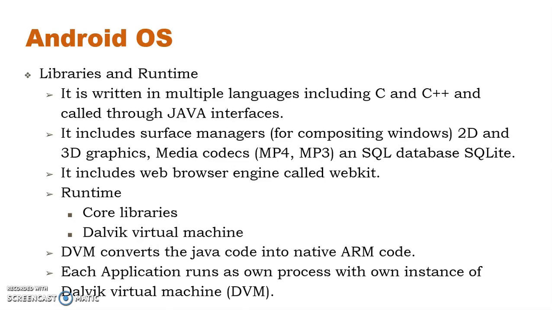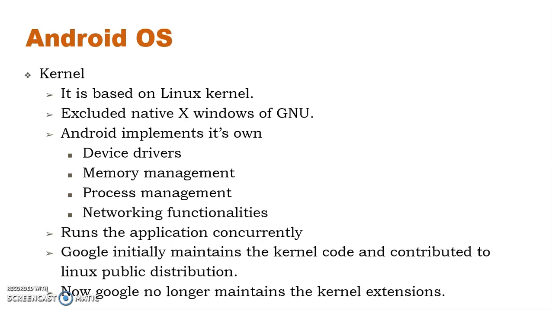It includes a web browser engine called WebKit. Next, runtime. Runtime consists of core libraries and the Dalvik virtual machine. The Dalvik virtual machine converts the Java code into native ARM code. Already discussed, ARM means Advanced RISC Machines. Each application runs in its own process with its own instance of the Dalvik virtual machine.